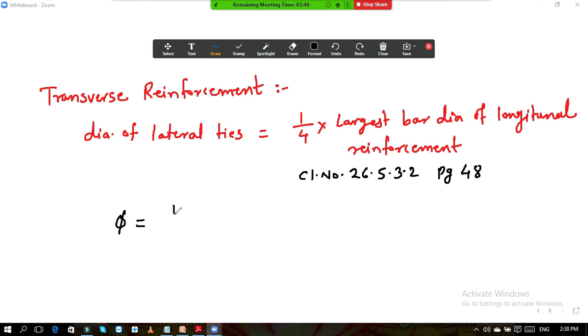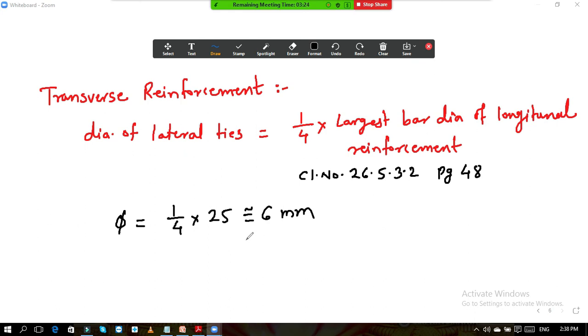For the diameter I will use the notation phi. Phi is equal to 1/4 into the largest longitudinal reinforcement bar, which is 25 mm. If you do the calculation, it comes out to be 6 point something, 6.25, so we will nearly take it as 6 mm. You can go for 6 mm or you may also go for 8 mm in this case.